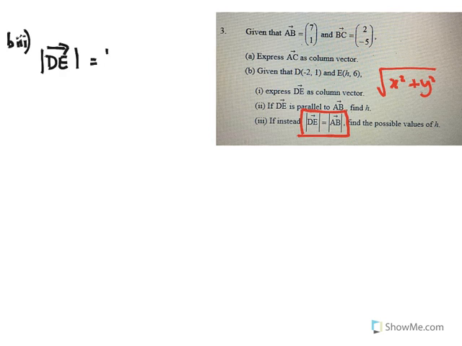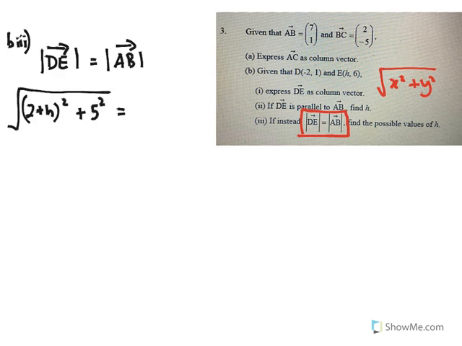Okay, the modulus of DE equals the modulus of AB. Now DE, in the previous part you know is 2 plus H and 5, so it's going to be the square root of 2 plus H squared plus 5 squared, equals the square root of 7 squared plus 1 squared.